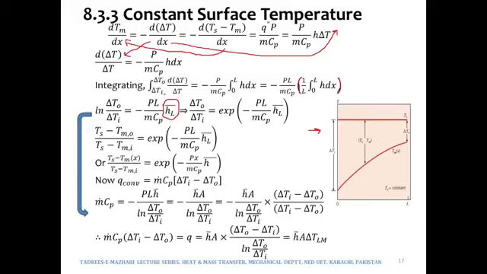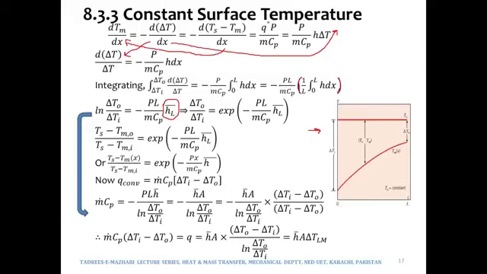So log of delta T would be the integral on the left hand side, and when we put those two limits in, it would be log of delta T naught minus log of delta Ti, upper limit minus lower limit. And log a minus log b can be written as log of a upon b. So that is why we can write it as log of delta T naught over delta Ti.